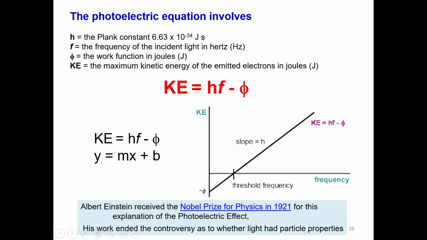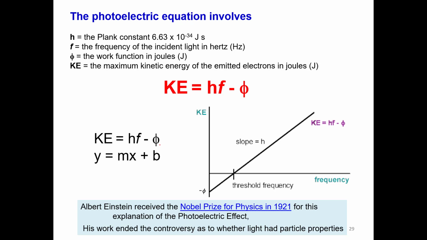You see, he just fit this data using a linear equation. y is the kinetic energy, x is the frequency, and here the y-intercept is called the work function, the minimum energy you need to apply to some material, some metal, for electrons to escape from the material.